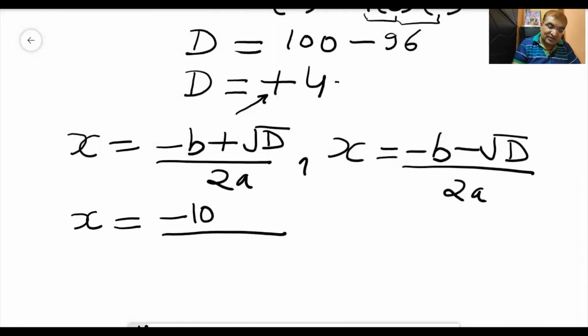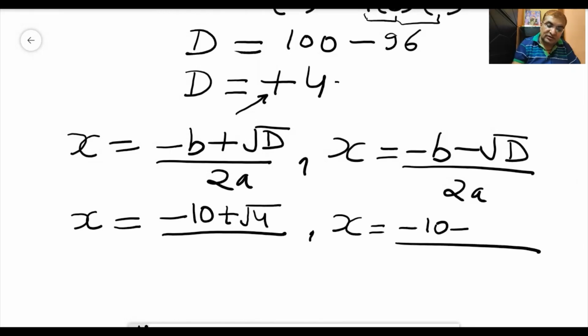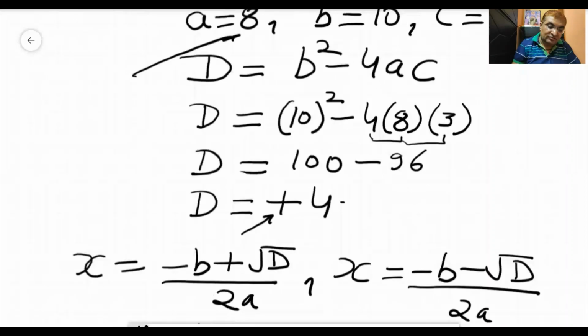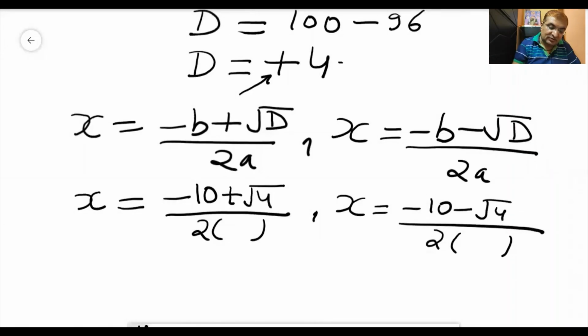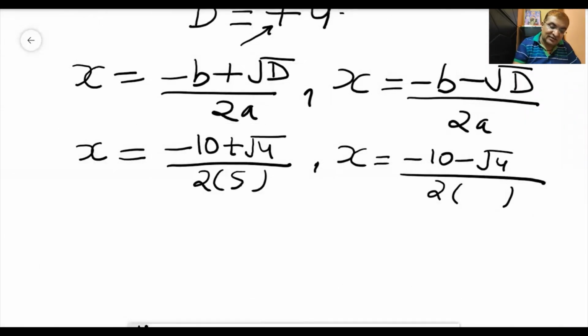As the formula says minus, there will be minus 10. After minus 10, there will be positive, one time negative, square root of 4, also square root of 4, then 2 into the value of a. As you observe, the value of a was 8, so here we'll put the value of a as 8.